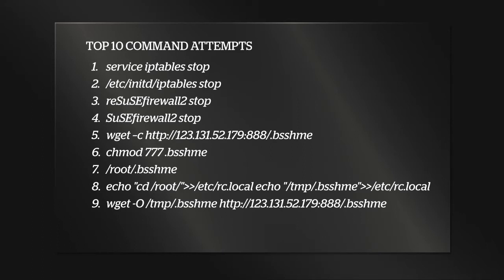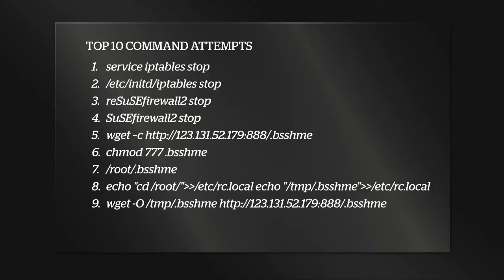The first 4 of them were attempts to turn off the built-in firewall in the Linux box: service iptables stop, /etc/init.d/iptables stop, SUSE firewall stop. So the first 4 attempts were all attempts to turn off the firewall, and the rest of them were attempts to download and/or execute additional tools that they got off internet websites.